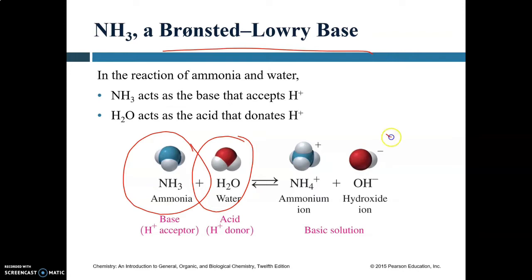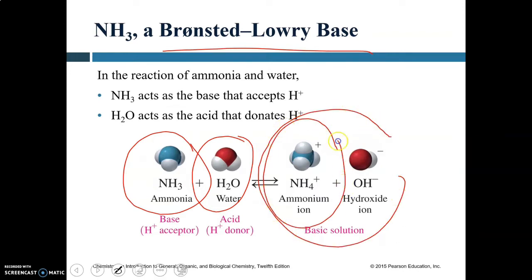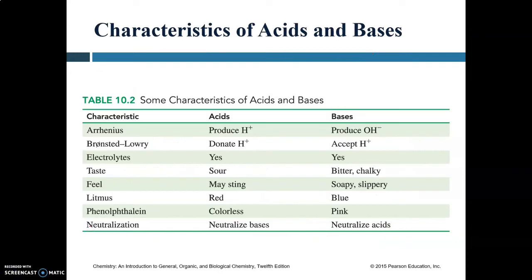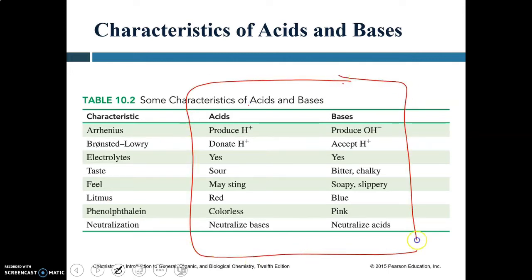And at the end of the day, you have a basic solution with ammonium ion that is protonated and hydroxide ion. So these are some comparative characteristics of acids and bases according to Arrhenius and Bronsted-Lowry. Know these features, know the responses of various indicators.